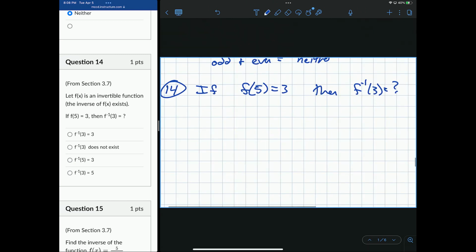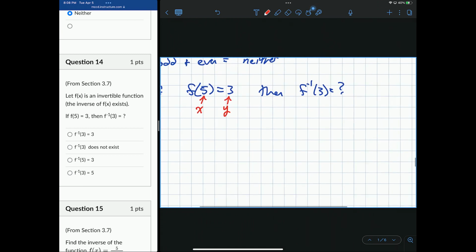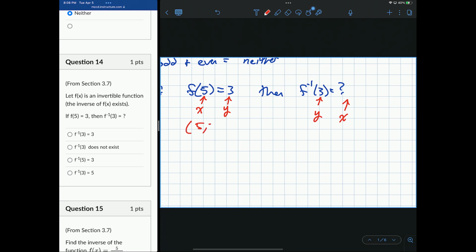The key is to remember that inverses reverse the x and y values. If this is 5 comma 3, then for the inverse it's the same numbers, but 3 comma 5. So this should be a 5. They're basically just reversed. If f of 5 is 3, f inverse of 3 is 5.